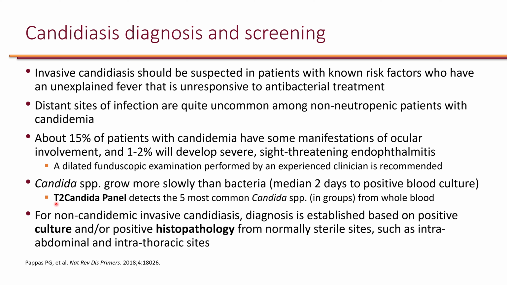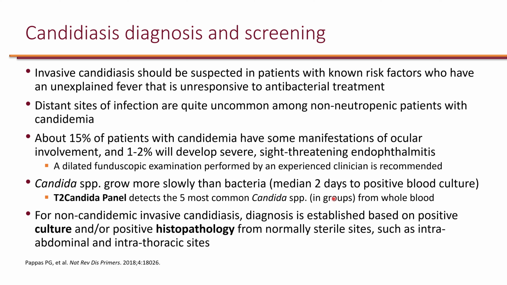And one rapid diagnostic that we have is the T2 Candida panel that can detect not every candida species, but it can detect the 5 most common candida, and it does report them in groups. So it might not be able to tell you exactly which of these 5 the patient has, but it says one of the 2 in a group, and it can do it from the whole blood.